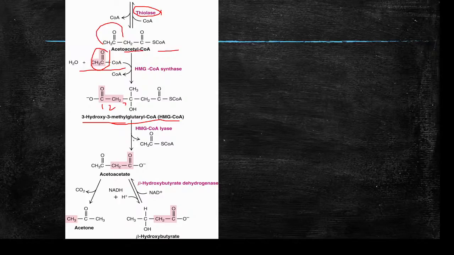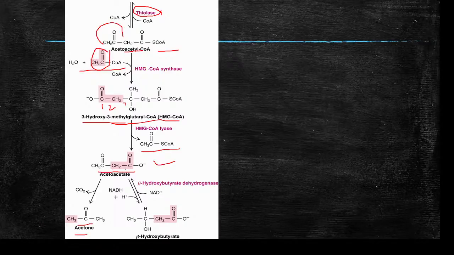By the action of HMG-CoA lyase, it loses one molecule of acetyl-CoA and forms acetoacetate. Here you have the first ketone body. This acetoacetate loses one molecule of carbon dioxide and forms acetone. This is the second ketone body.